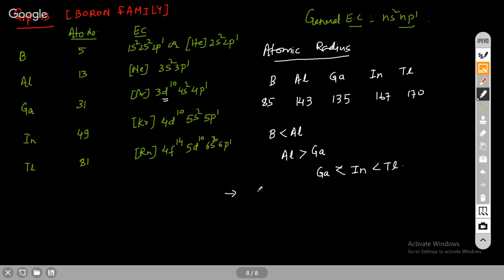It increases from boron to aluminium, decreases from aluminium to gallium, and then increases, right? So we don't have a regular pattern here.